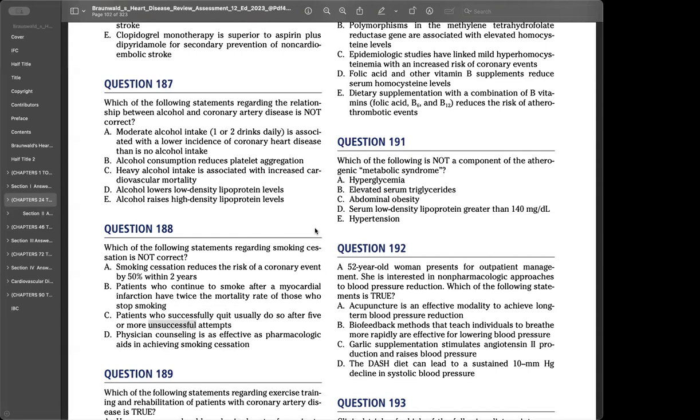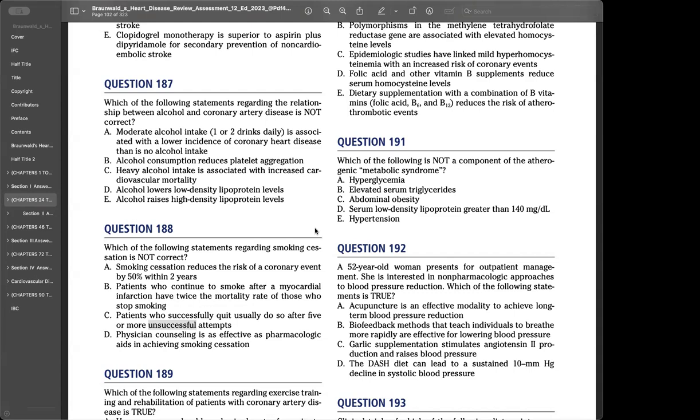The mechanism is that moderate alcohol intake increases the level of HDL and reduces platelet aggregation, and it also improves insulin sensitivity. So this statement is correct, so it's false.